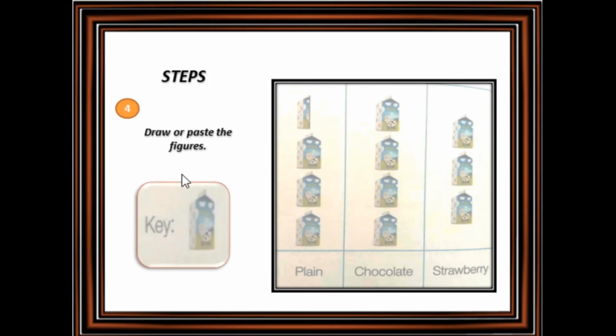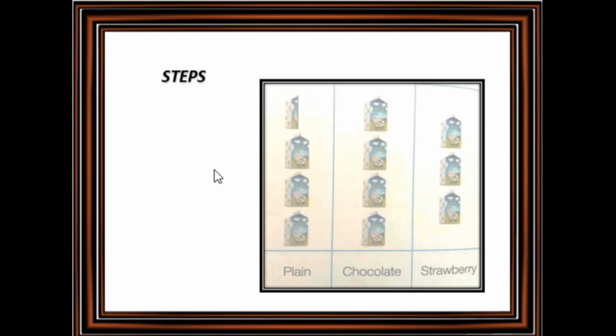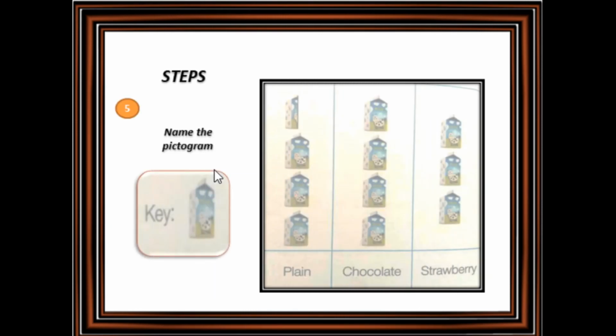So we have now, after putting how many items one icon represents, you'll draw already. And lastly, you are going to name the pictogram because that name will help tell what your chart is all about. So do not forget the name of the pictogram.